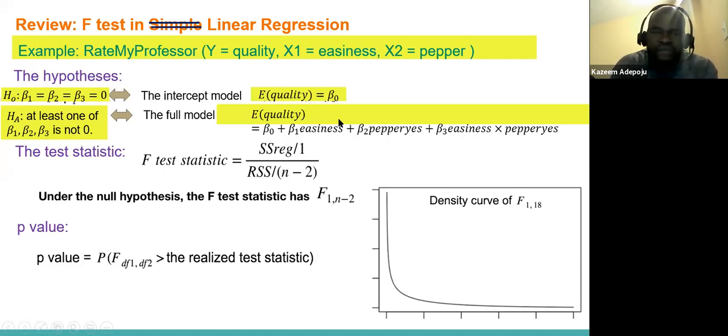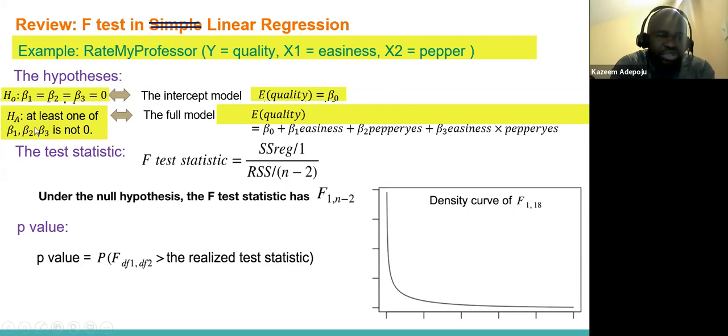Now the hypothesis that corresponds to this is that beta 1, beta 2, beta 3 are equal to 0. Don't forget, beta 1 is the contribution of easiness, beta 2 is the contribution of pepper, and beta 3 is the contribution of their interaction. So when beta 1, beta 2, beta 3 are equal to 0, the full model automatically reduces to the intercept model.